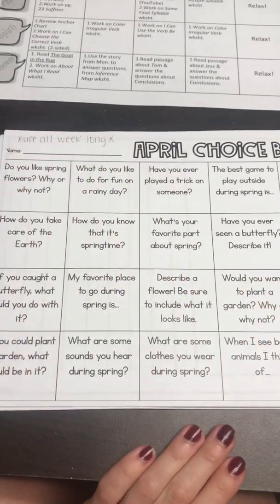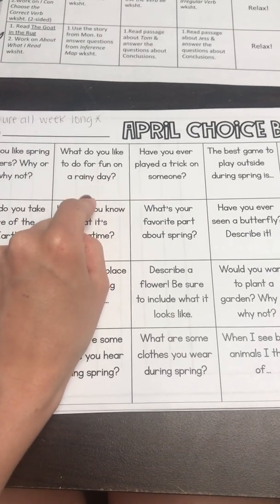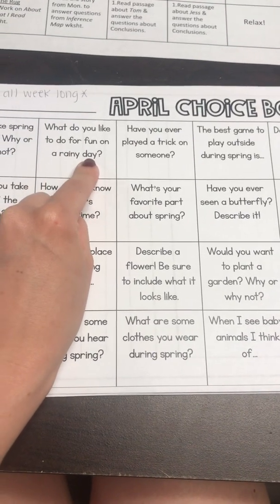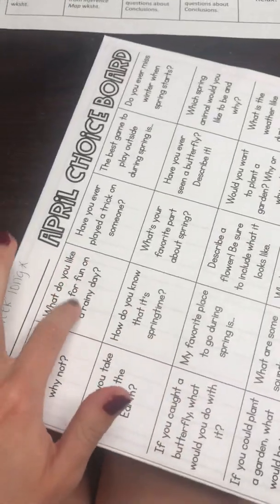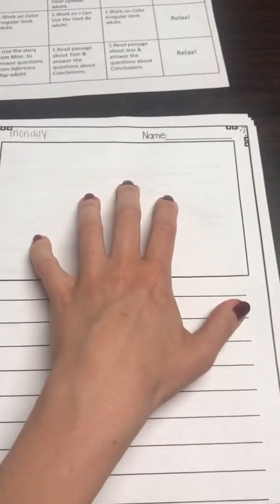So today, if you were to pick what do you like to do for fun on a rainy day, you could write Monday underneath it so you know you already did it. And then you're going to write about that prompt on this page. So you can draw a picture of it and then write about it below.